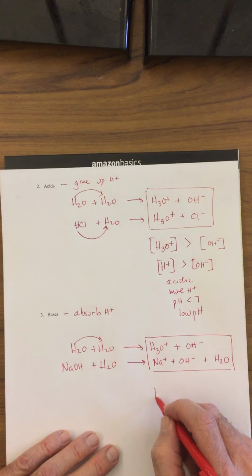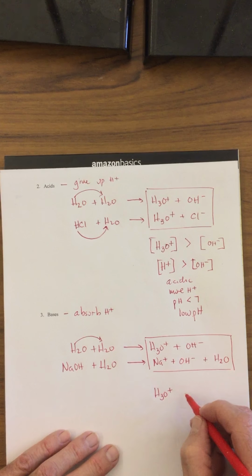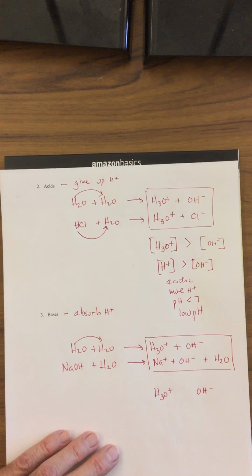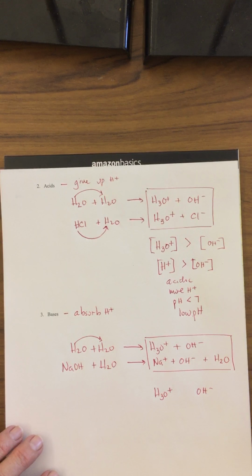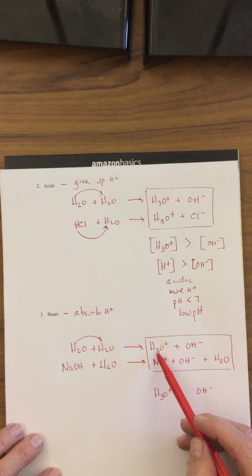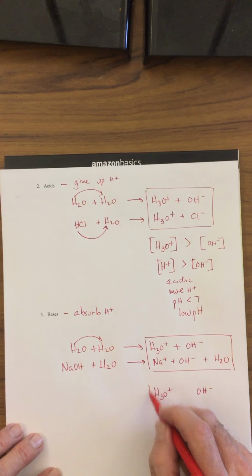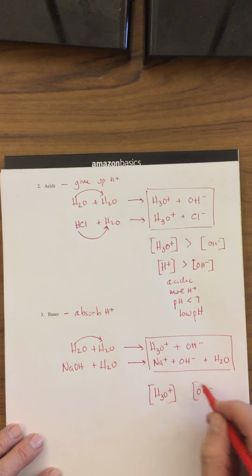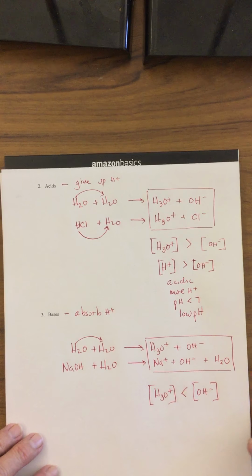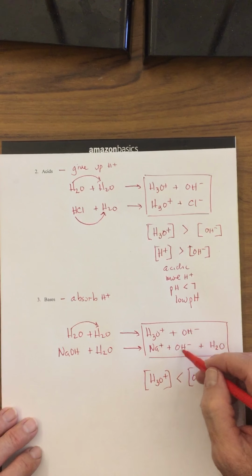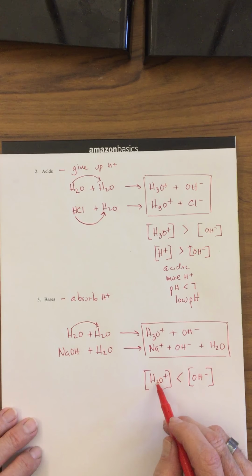Let's, though, compare the concentration of H3O plus and OH minus. Okay, I have 1 H3O plus versus 2. Which of the concentrations is going to be higher this time? In this case, the OH minus, because I have 2, is higher than the acid.